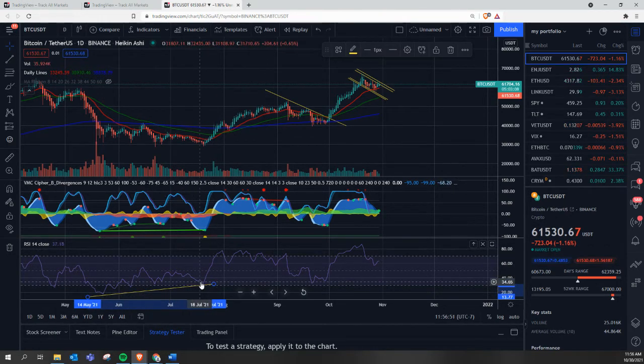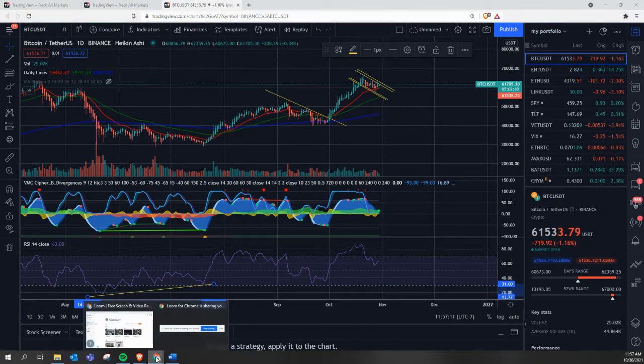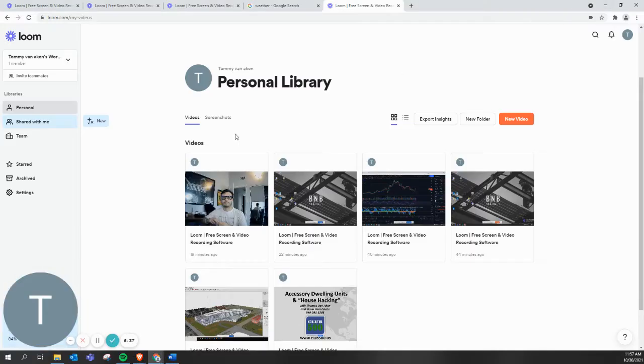And right here, the cash flow was in the red on Market Cipher. So that means this was a good time to get in. And you can see all throughout this period, it was trending flat, so that was definitely a good sign.